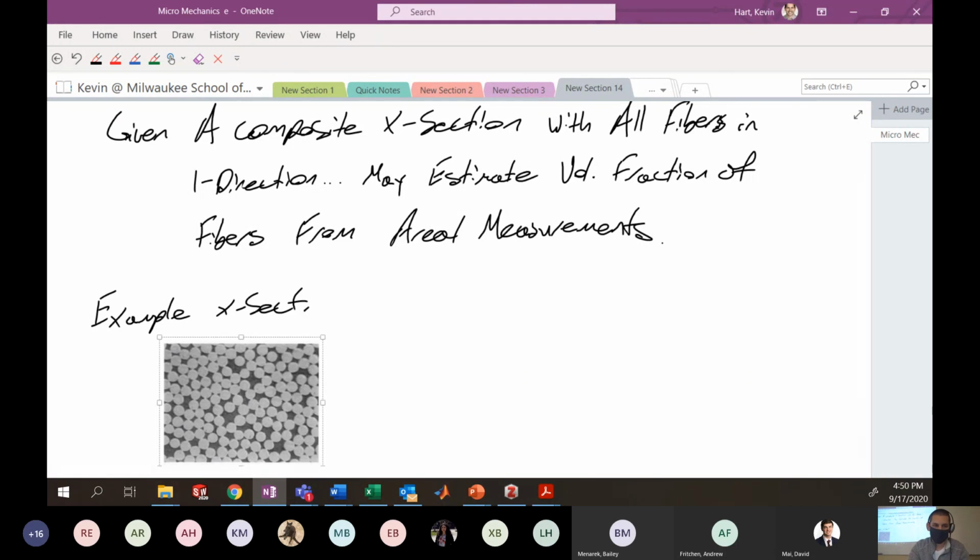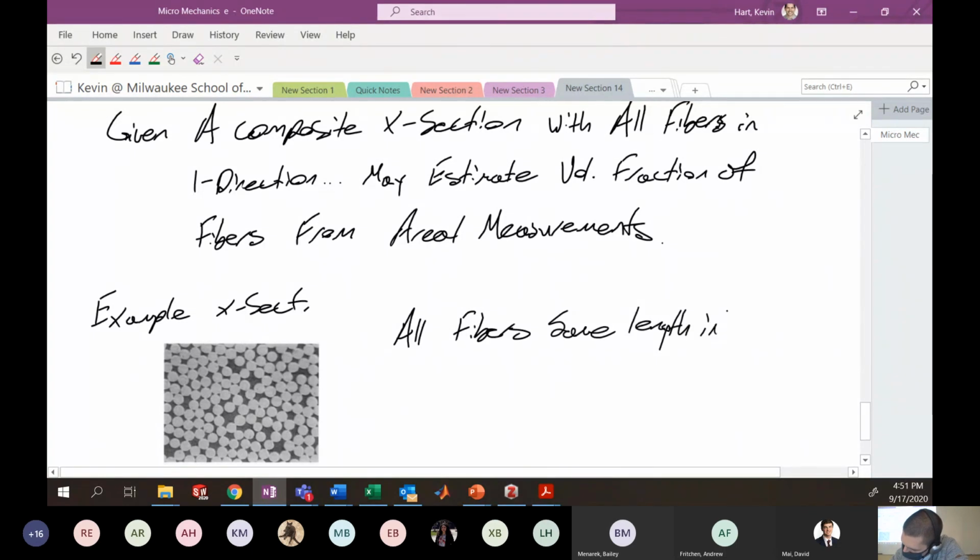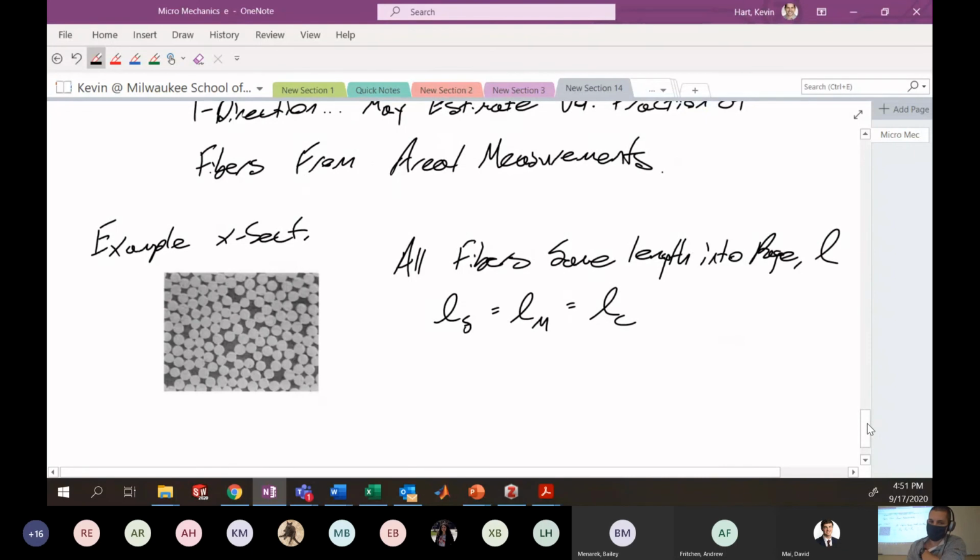If that is the case, then you can infer that they all have the same length into the page. Let's call that length script L. So the fibers have a length of LF. This is also equal to the length of the matrix material into the page, also equal to the length of the composite into the page. We would assume that it's continuous and all of the same length into the page.